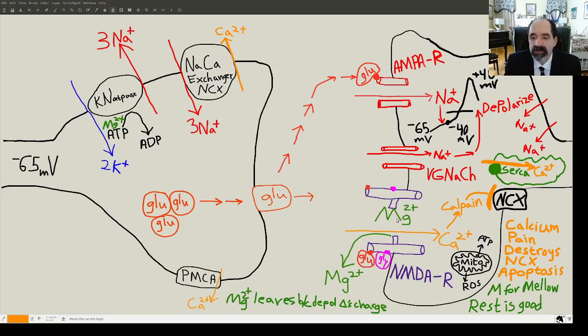Notice how the magnesium blocks the NMDA receptor. That's another reason why it calms down the neuron. So M for magnesium, M for mellow. Rest is good. The neuron needs to rest. It only needs to be active when there's something going on. Okay, I remember C for calcium, C for contraction. It's coming from skeletal muscle, and smooth muscle, and that's how it causes hypertension.